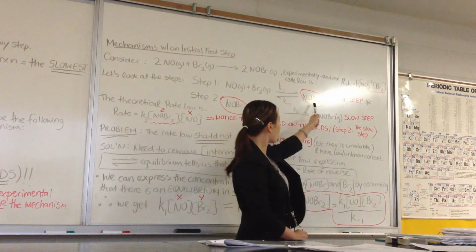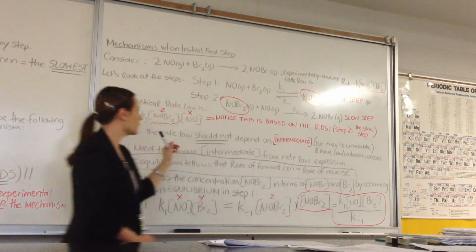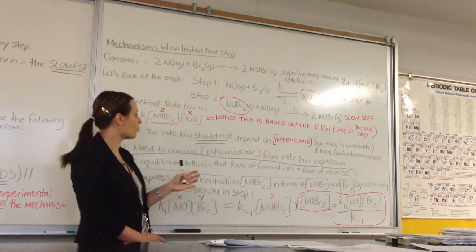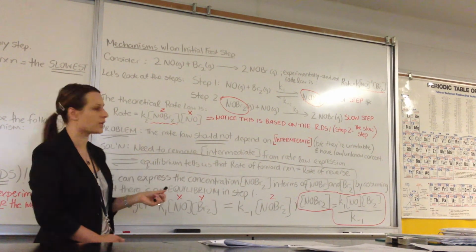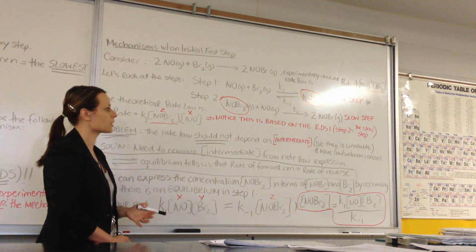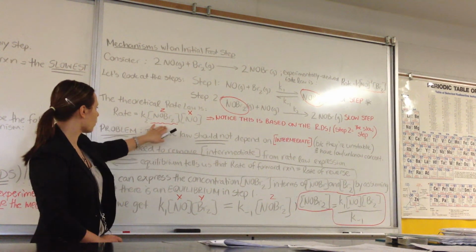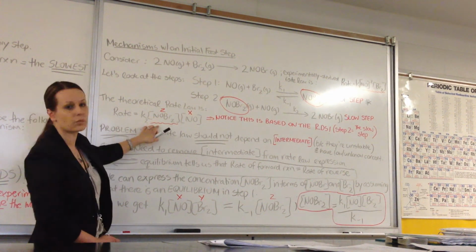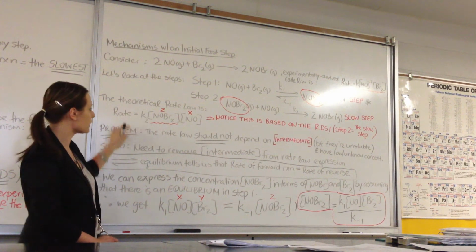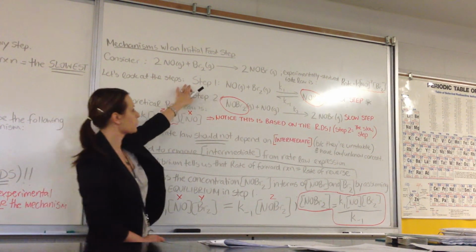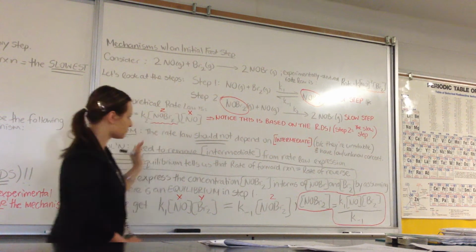And our intermediate, we cannot weigh out. We don't know how much of it actually forms in the reaction. There's an unknown concentration, which means that we are not able to easily manipulate it. So in order for us to be able to get rid of the intermediate from the rate expression, we have to exploit the first relationship.